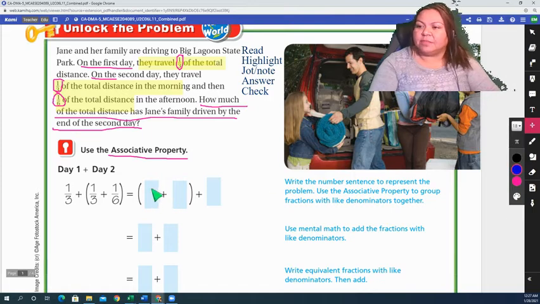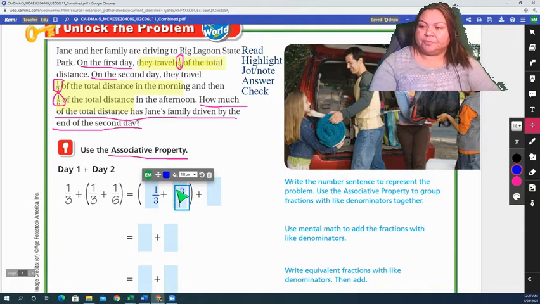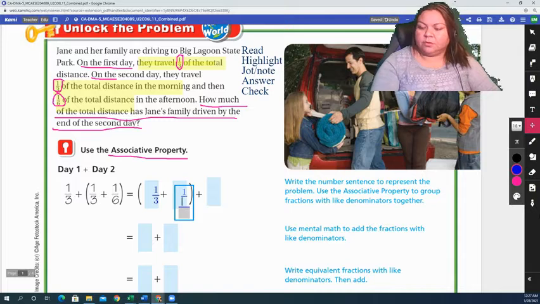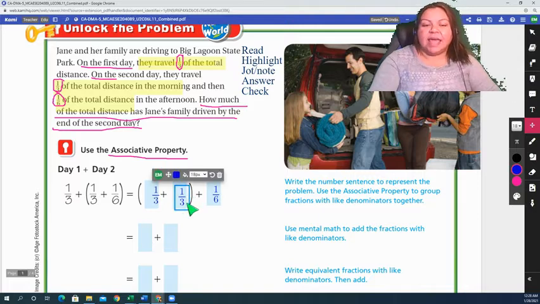I'm going to use my math tool, and I'm going to do 1/3 plus 1/3. Okay, and then I will add 1/6.